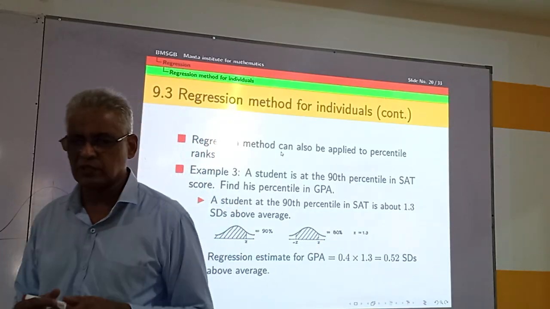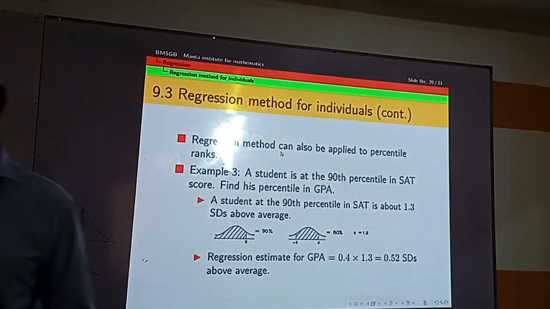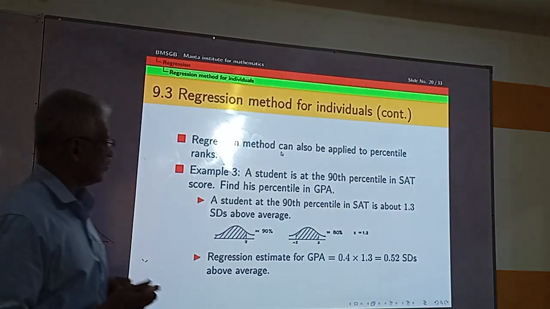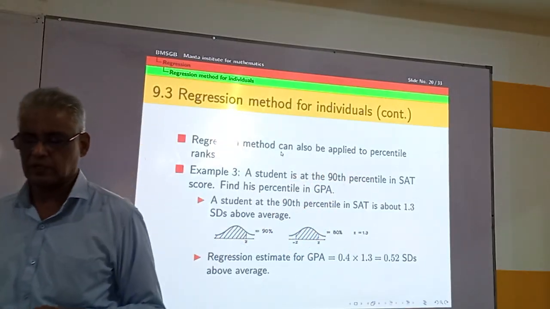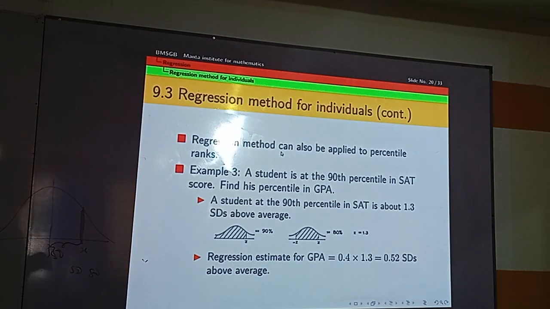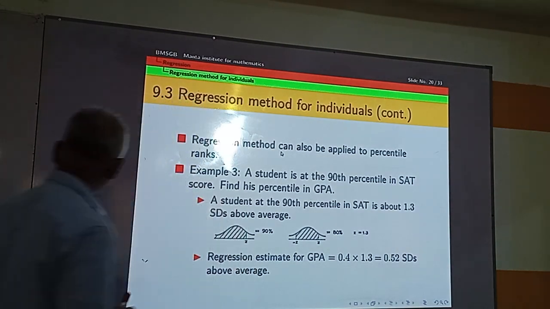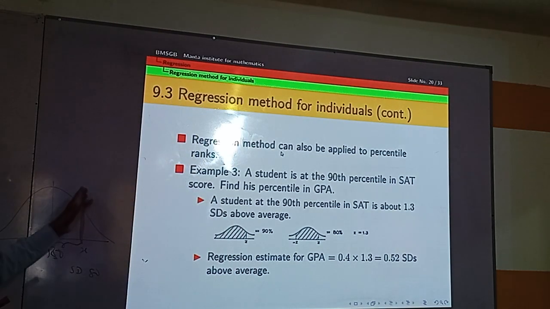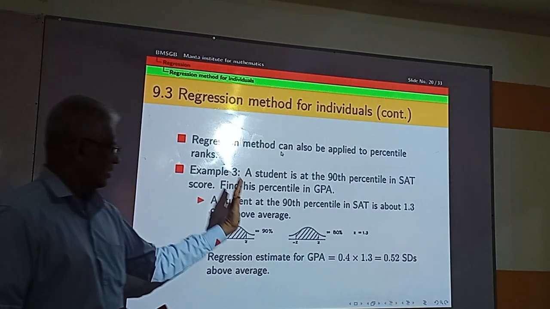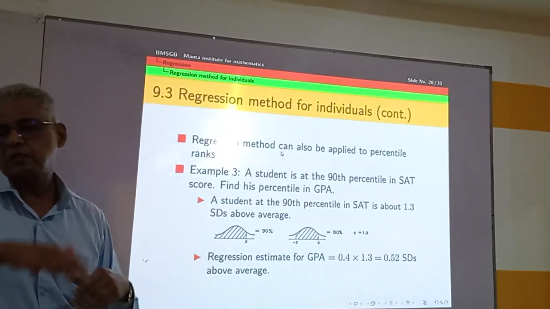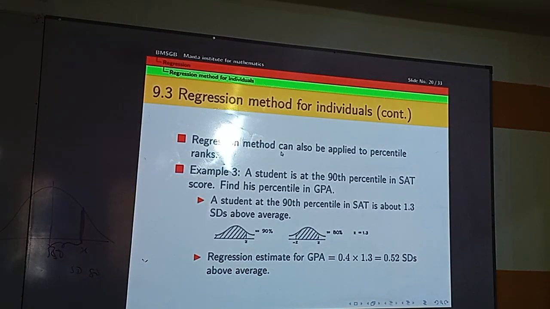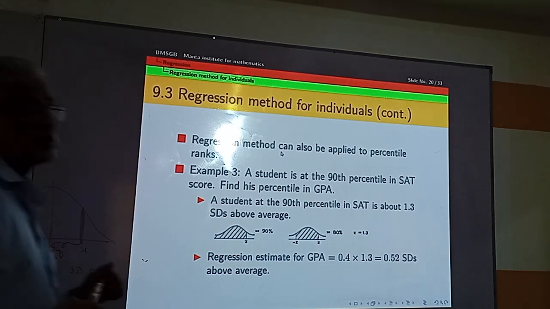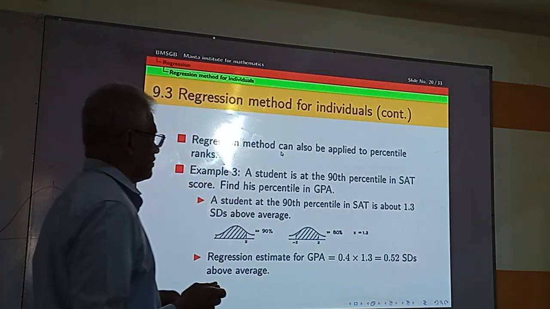There will probably be no exact value as the area, so you go for the closest Z value approximately. That will give you 1.3. So this value is 1.3 standard deviations above. This is the 90th percentile corresponding to Z in the Z distribution, so that is 1.3 standard deviations above the SAT mean.